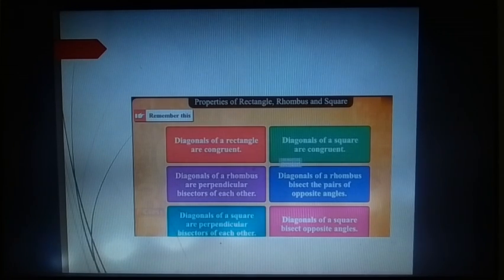And diagonals of a rhombus bisect the pairs of opposite angles also. Now, diagonals of a square are perpendicular bisectors of each other because a square is also a rhombus. Diagonals of a square bisect opposite angles also.